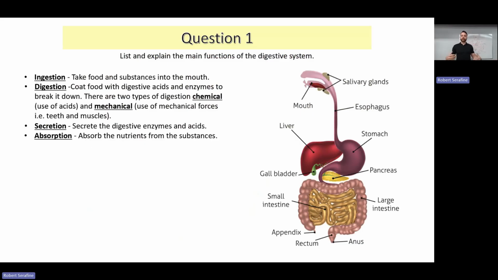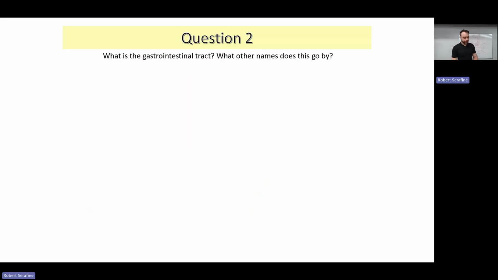Then, of course, once we've broken down all this food, we want to absorb all the good nutrients out of it, which we'll then transport throughout the body and use for our cellular functions. Now, of course, not everything of the food is going to be used, so we're going to have some waste product, which we finally exit the body with the process of defecation, aka poop.